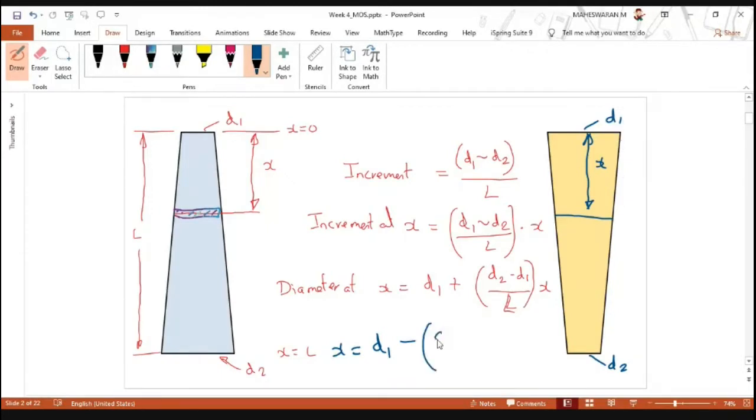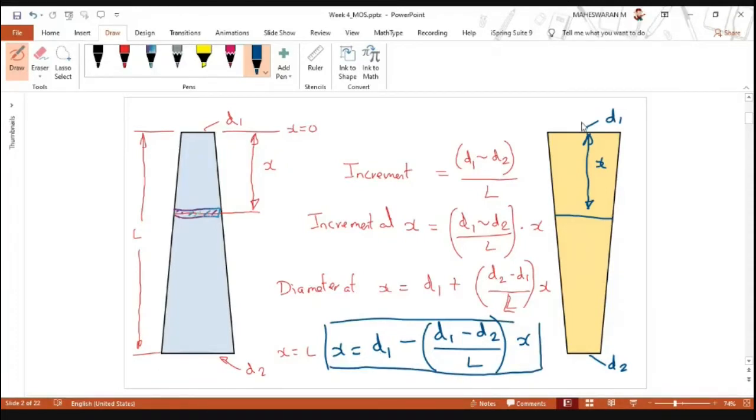So D1 minus D2 divided by L into x. Again, we put x is equal to 0, we get d1. I put x is equal to L, you get d1 minus d1, minus of minus which will be plus d2. So you get d2. So this is the term which can be used for this type of decremental tapered bar.